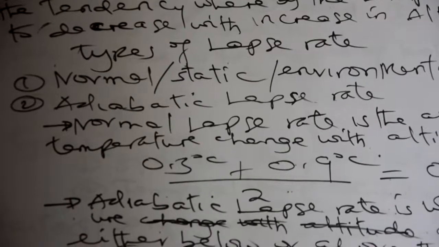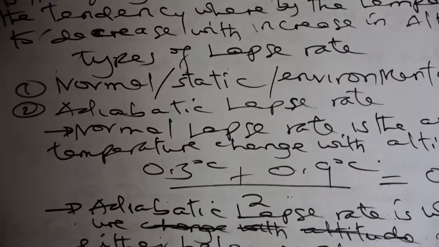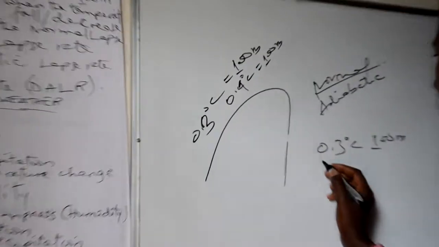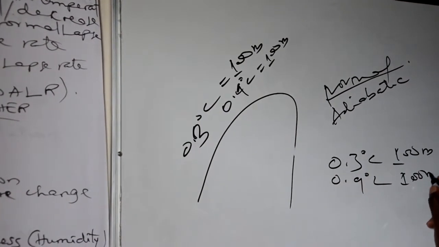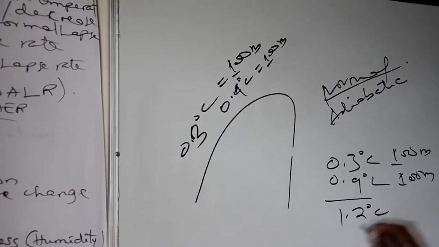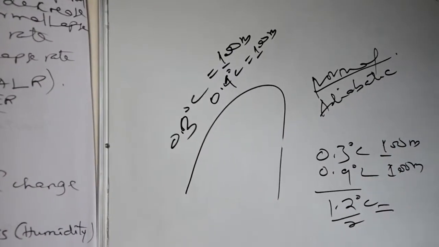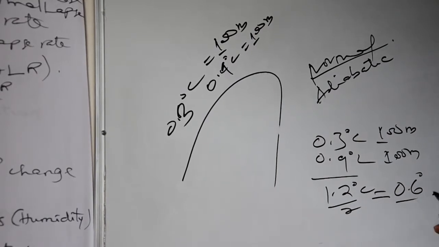Normal lapse rate is the average of the temperature change with altitude, between 0.3 degrees centigrade per 100 meters and 0.9 degrees centigrade per 100 meters. Therefore, when you sum up we get 1.2 degrees centigrade, over 2 as the average, and we obtain 0.6, which is the normal.